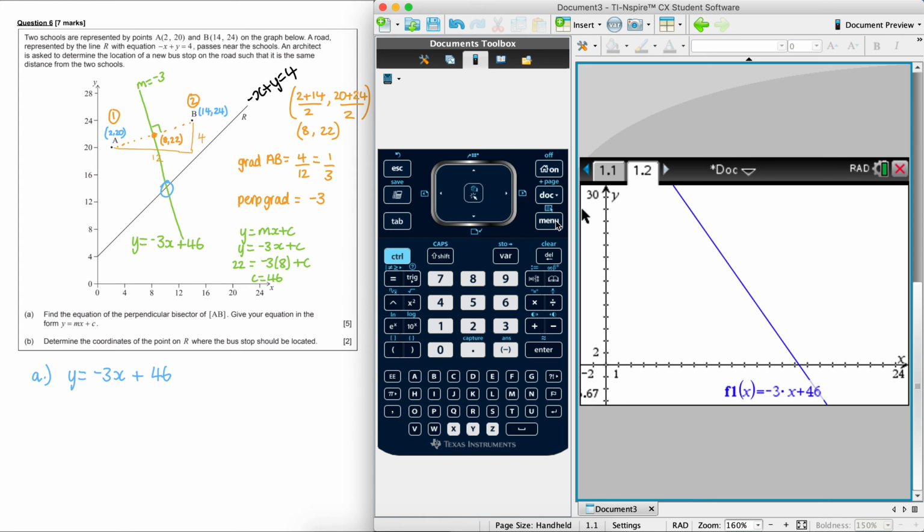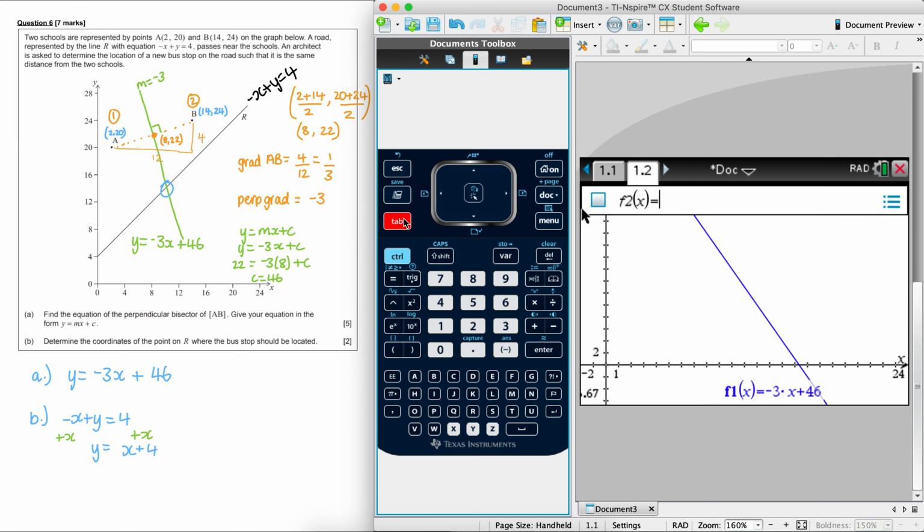And then I need to plot the existing line, the road. Now you're told the equation is minus x plus y equals 4. But we need it in the form y equals mx plus c, or y equals, to be able to plot it in the GDC. So if I rearrange that and add on x to both sides, then that gives me y is equal to x plus 4, or 4 plus x, either is fine.